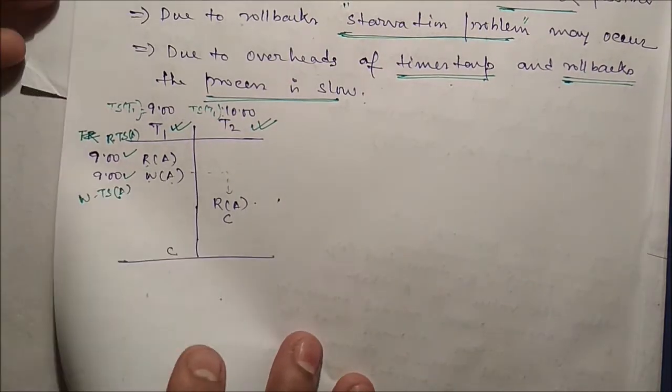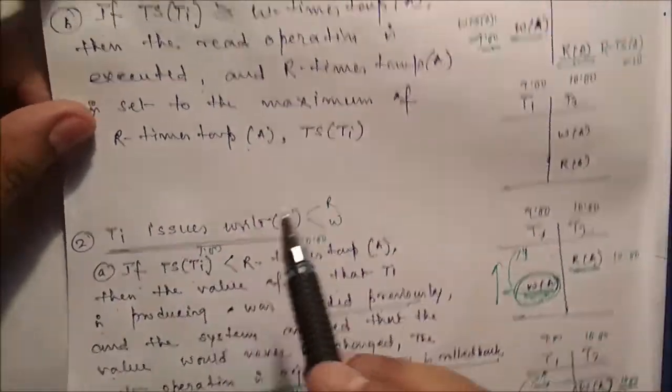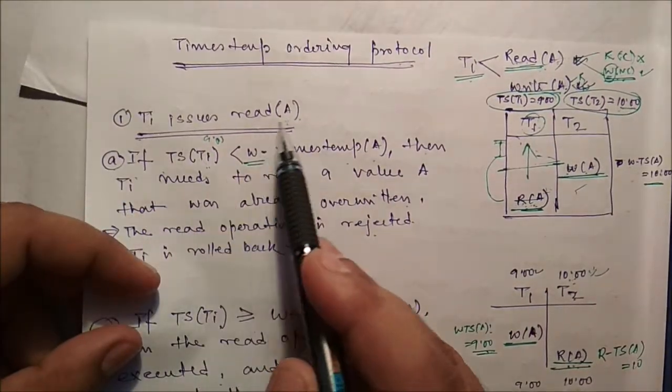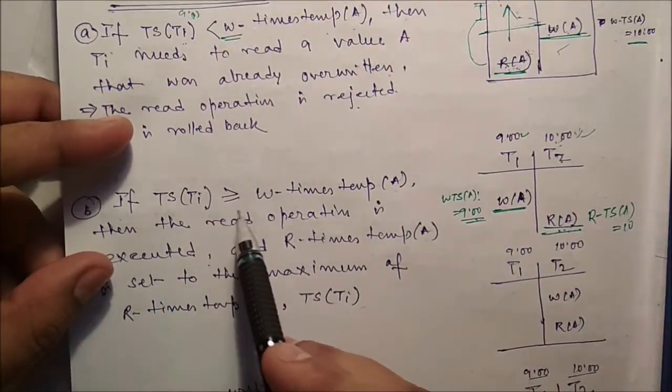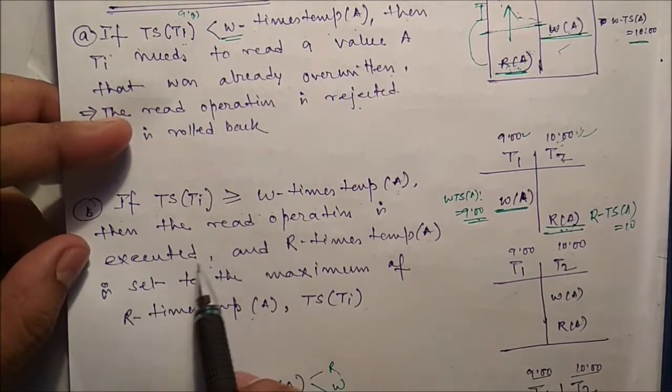Now we can see, if any transaction tries any read operation: Ti issues a read operation, and if TS(Ti) is greater than or equal to W timestamp of A, then the read operation is executed.